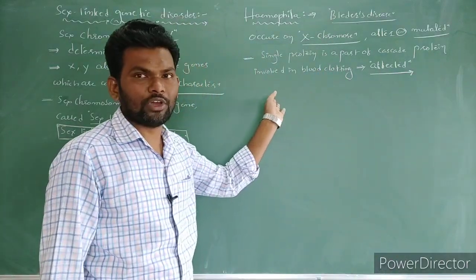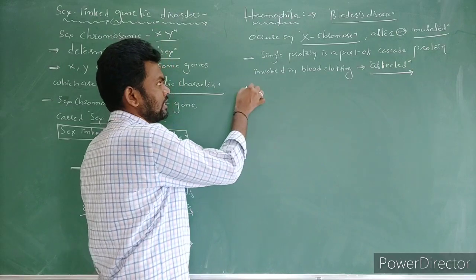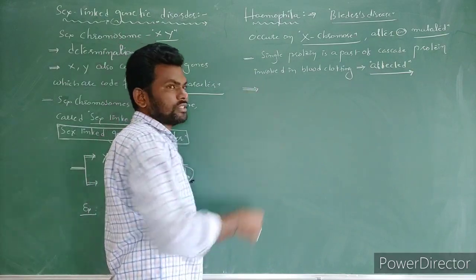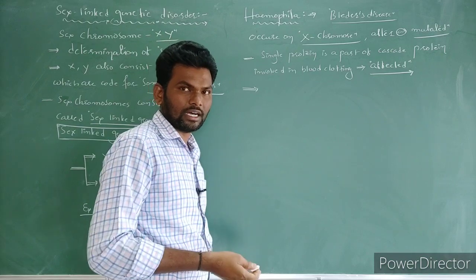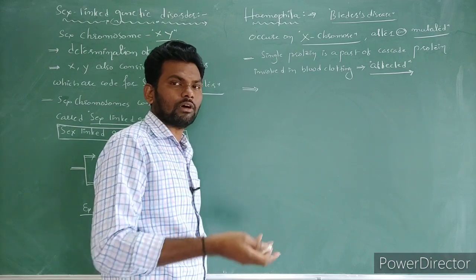In a simple way, how are we going to tell? In simple language, we can tell that due to that mutation, blood clotting factors are not released or blood clotting enzymes are affected.